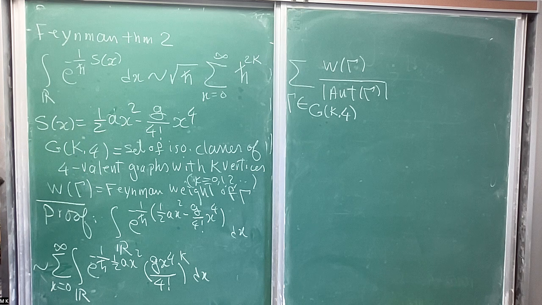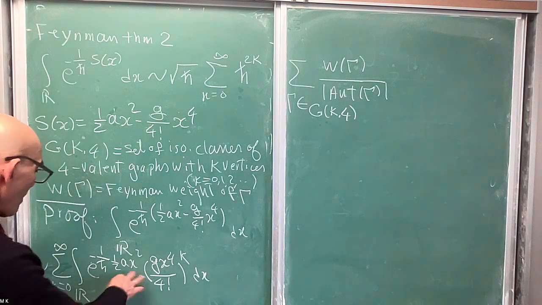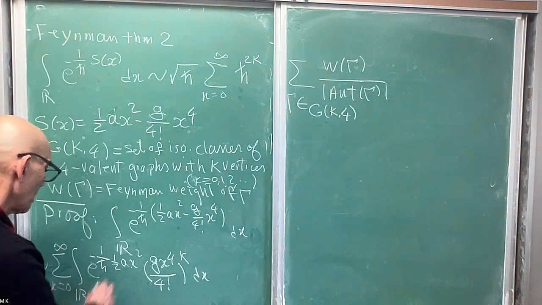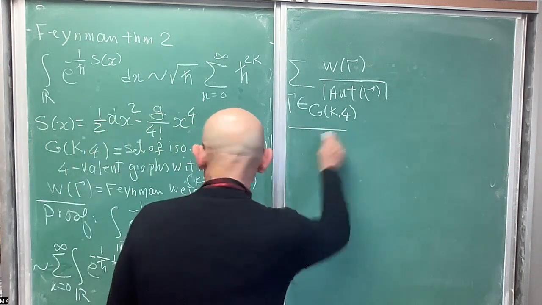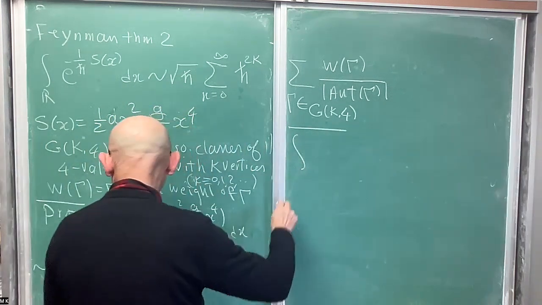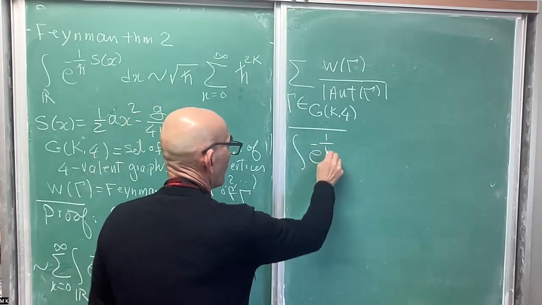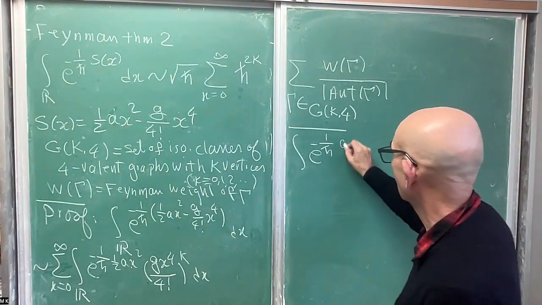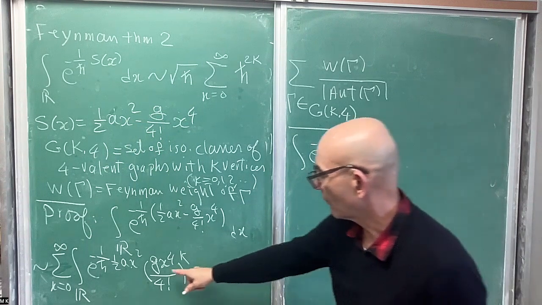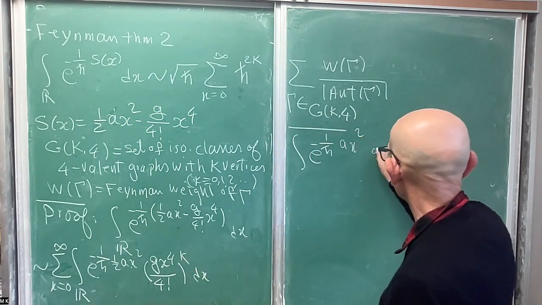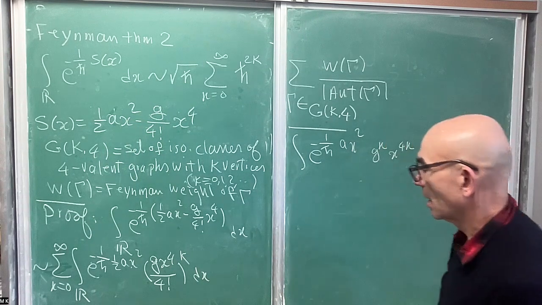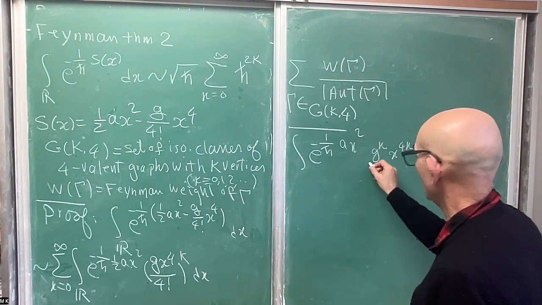Okay? So this much we know. And if you look at it, we are down to computing such integrals. In this case, an integral of the form exponential of minus 1 over h bar, a x squared, and then I've got g to the k, x to the 4k, divided by 4 factorial.